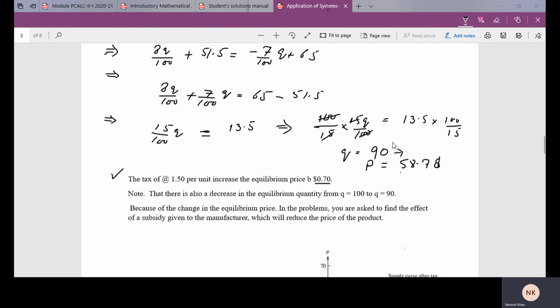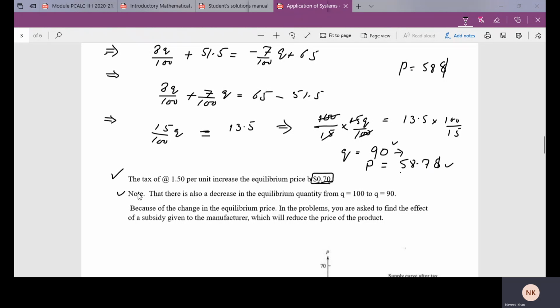Because when I put Q equal to 90, the equilibrium price will become 58.7. Before tax, the price was only $58, but after imposing the tax, the price is 58.7.